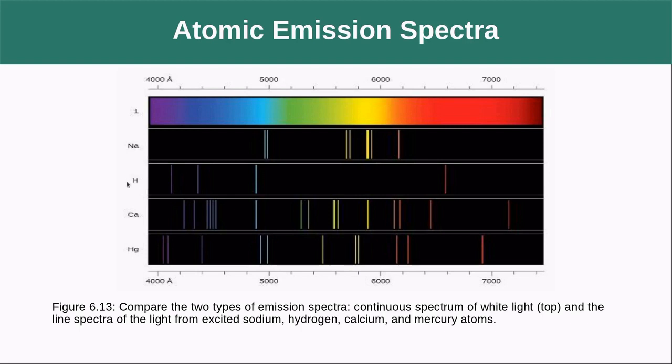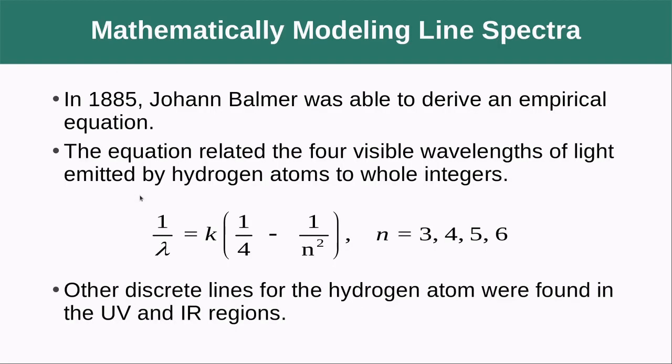So if all the electrons in hydrogen could have any energy state, then you would get the continuous spectrum. But if there were only some permissible energy states for the electrons in the hydrogen, then you wind up getting these discrete lines. That again is an example of the quantization, and we're going to jump into that now with some of the theory behind it.